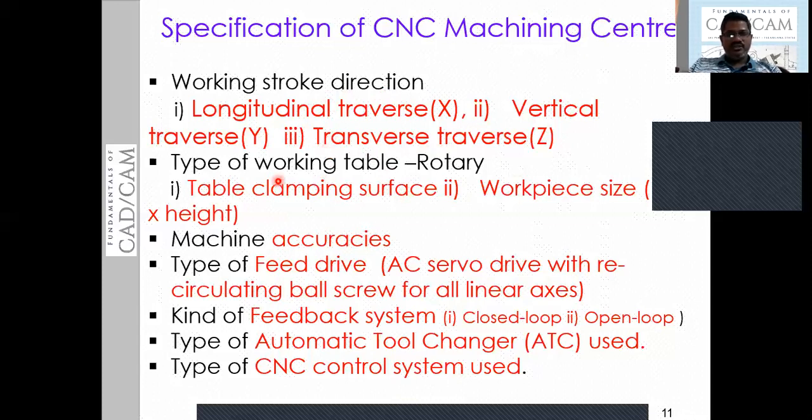When it comes to the other specification, the CNC machine can be classified according to the type of working table, whether the table clamping surface has clamping mechanisms or not. If it is not having a clamping mechanism, there might be another mechanism.